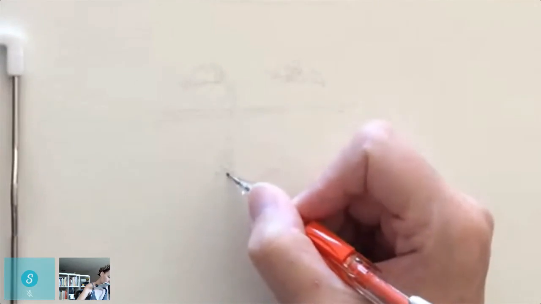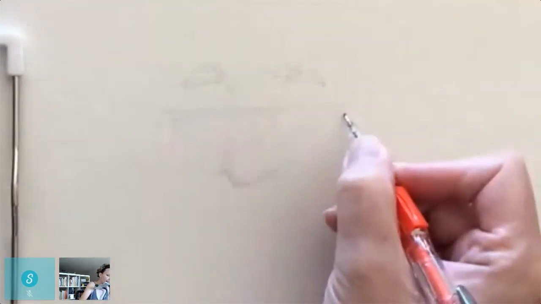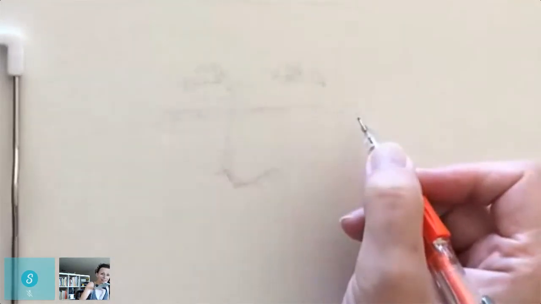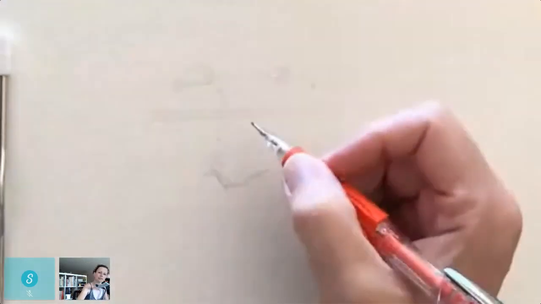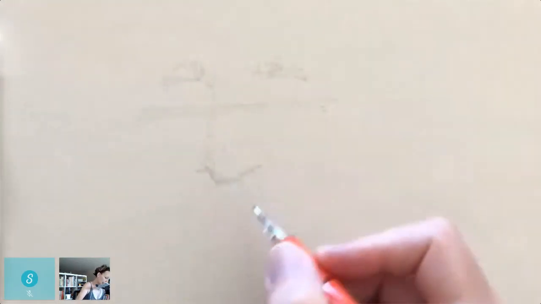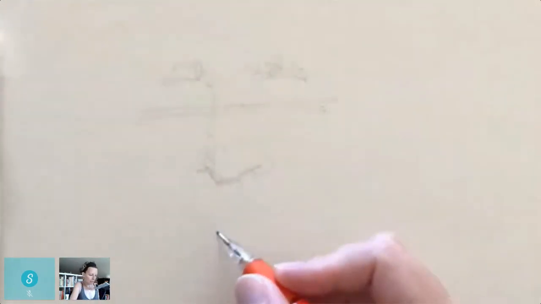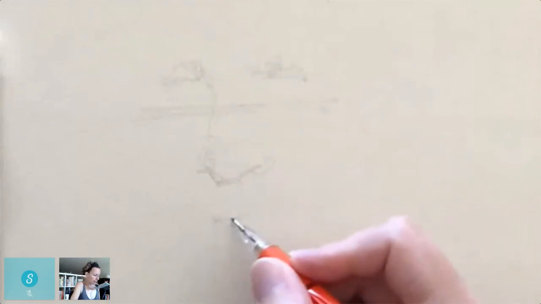Eyebrows. A nose. The eyes I have not drawn yet. They're just a line across. Let me try to flip this a little this way. Okay. Can you see? All right. Okay. And then there's going to be a mouth right about here.